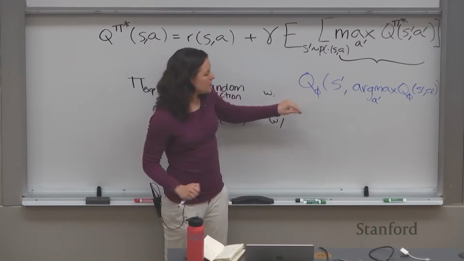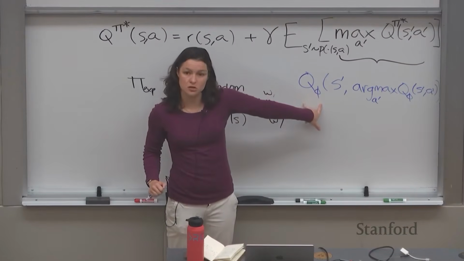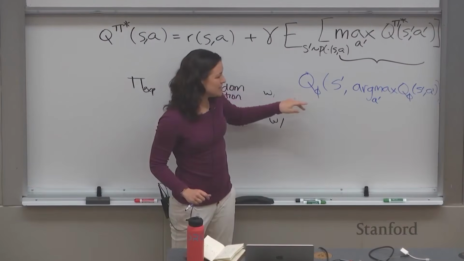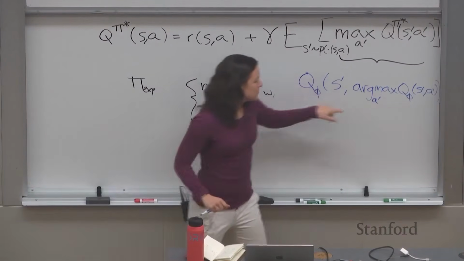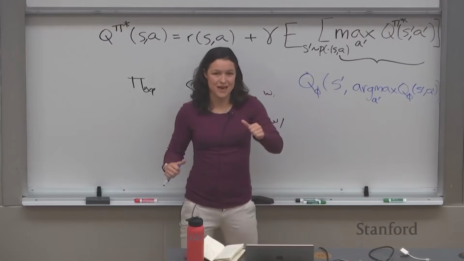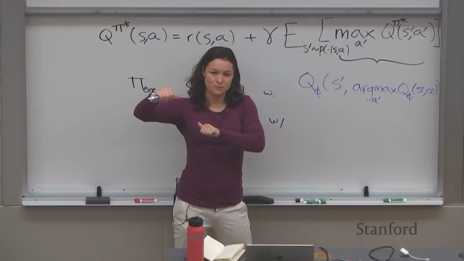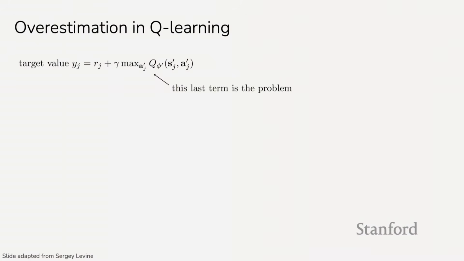This means that if there is noise in our Q function, it's very easy to pick actions that use that noise to get a higher Q value. This last term right here is what's causing overestimation.